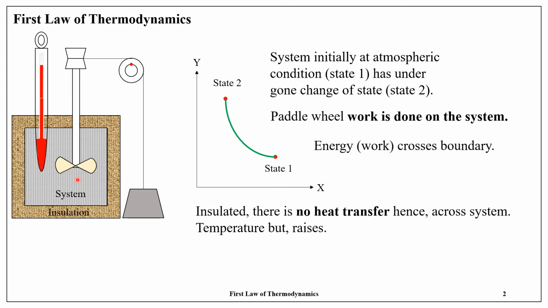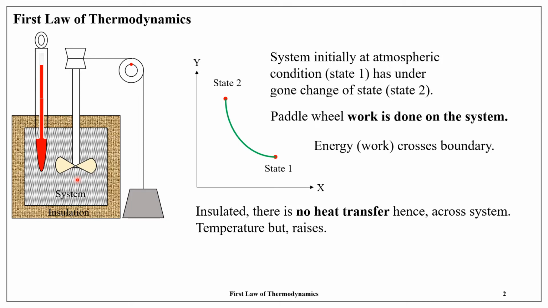Now, what we can say here is, in the absence of heat transfer, the only mode of energy that crosses the system boundary is work. That is the paddle wheel work. Because of that, the internal energy is raised or increased. How do we know the internal energy has increased?